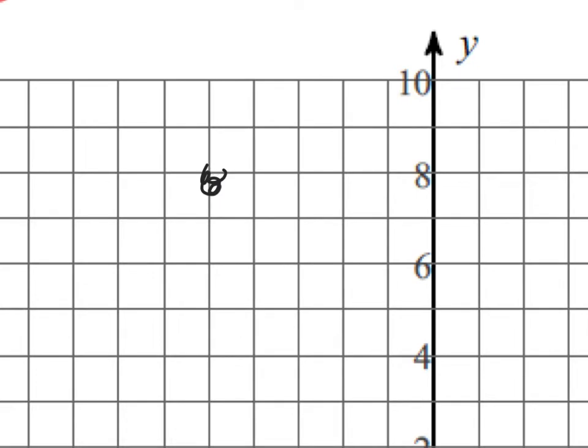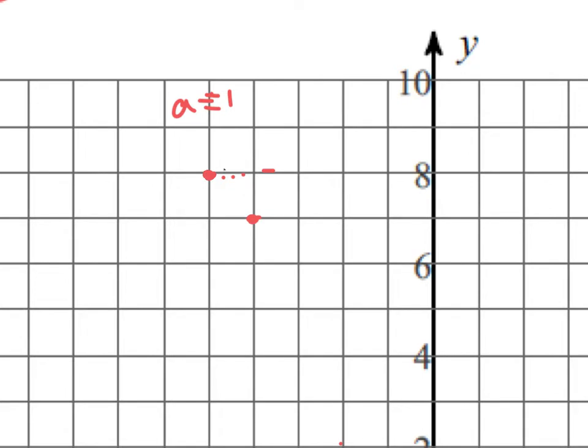We can find them by going right. Oops, where's my point? There it is. We can go right 1, and we're going to go down 1 because a is -1. So we're going to go right 1, down 1. Right 2 from the vertex, right 2, down 4. And we'll end up down here.